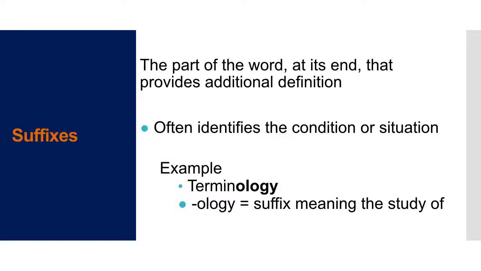So now we've referred to these suffixes a couple of times, so let's get to it. This is at the end of the word, and as I just mentioned, it may identify a condition such as an inflammation or a pain, or it may refer to a situation or a procedure.